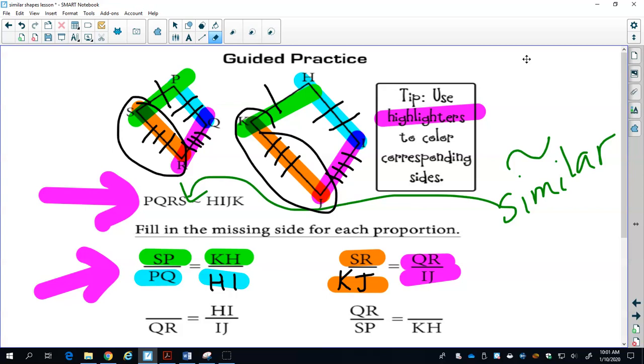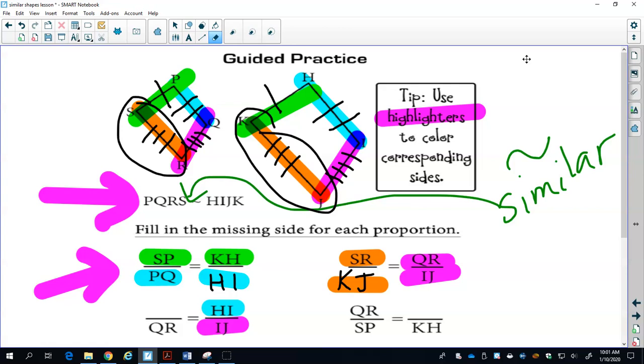So now let's look at the next example on the bottom left, HI, and it looks like I used blue for HI. And then IJ, I used purple. And again, we have them on the top and the bottom, like the first example.